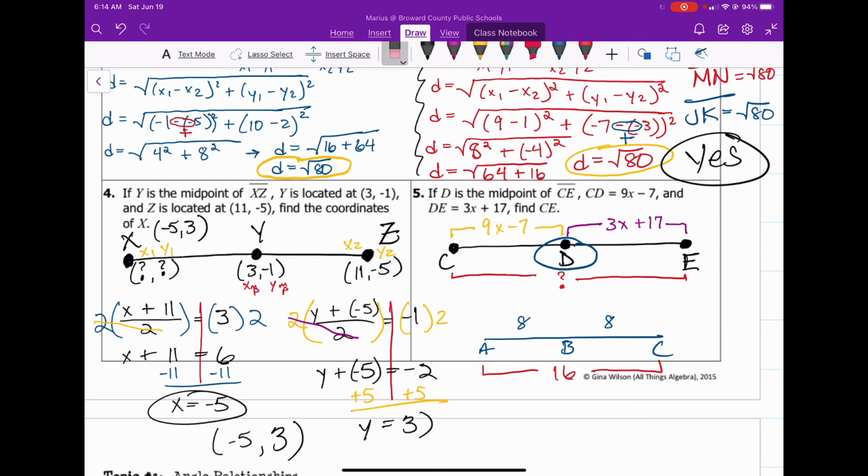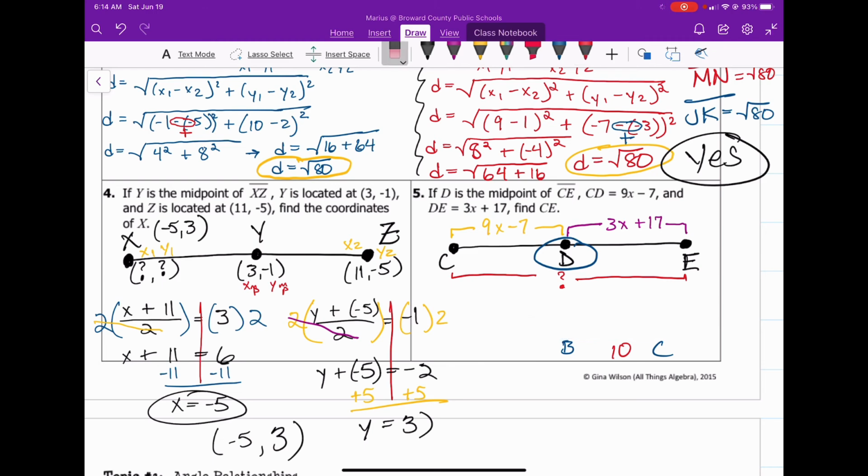Now, the other point that I was trying to make is that when you cut something in half, for example, if this whole thing is 20, from A to C is 20. If I cut it in half, this is 10 and this is 10. When you cut something in half, you make each half equal.